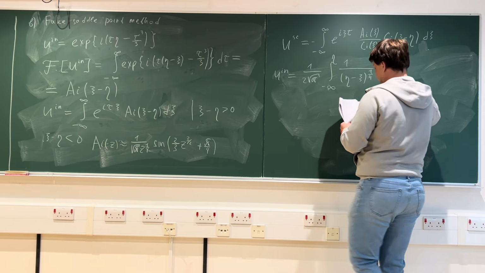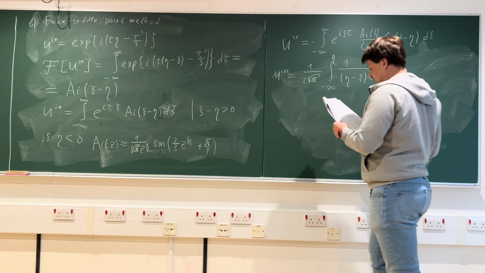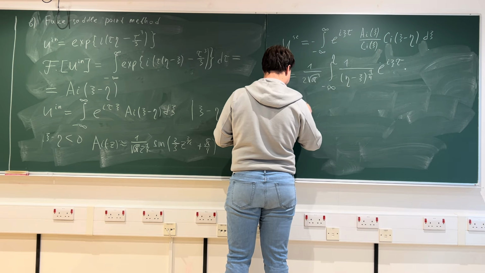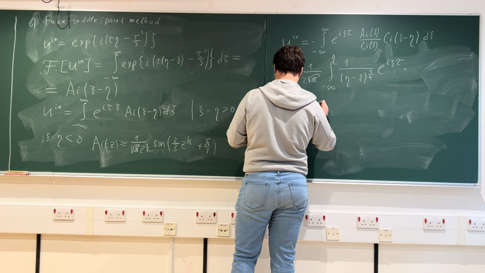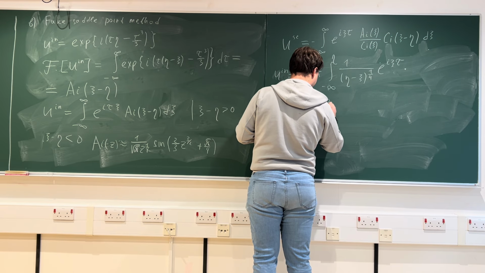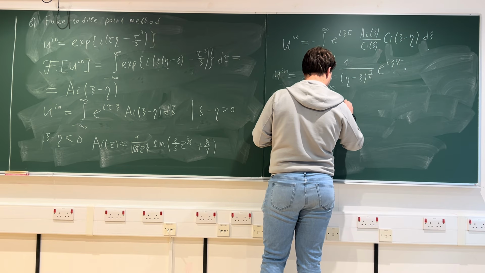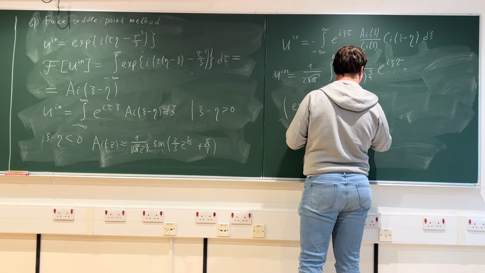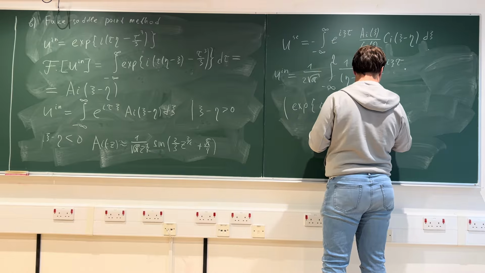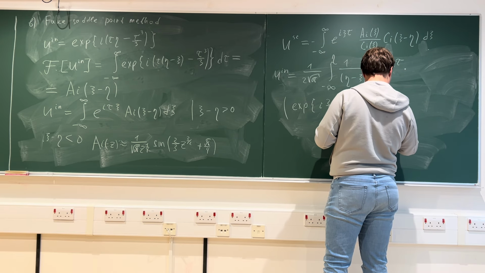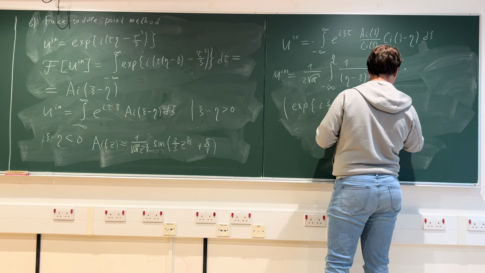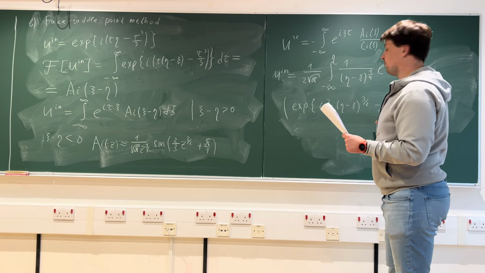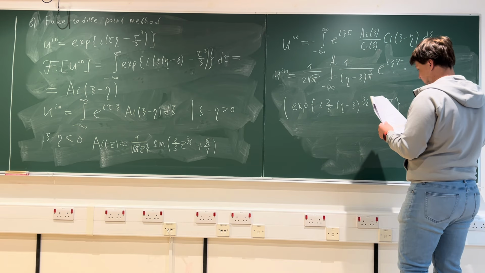So this is the Fourier part, and now it's multiplied by two exponents. So here I have not plus pi over 4, but minus. That's pi. Let's update it.